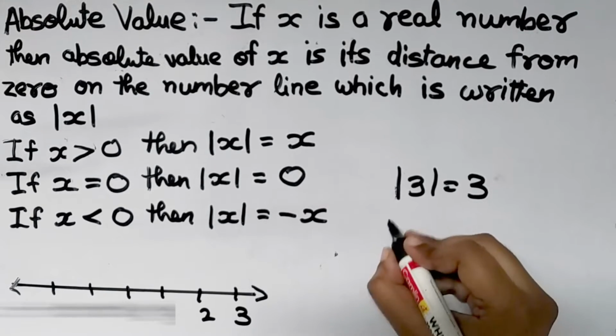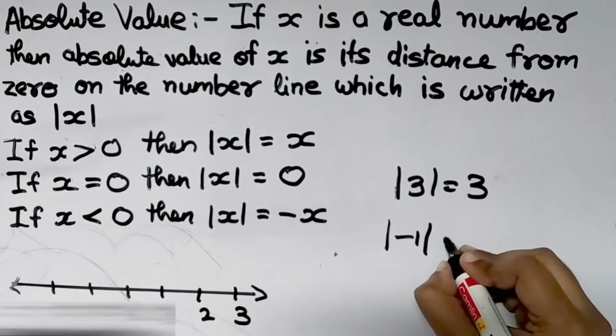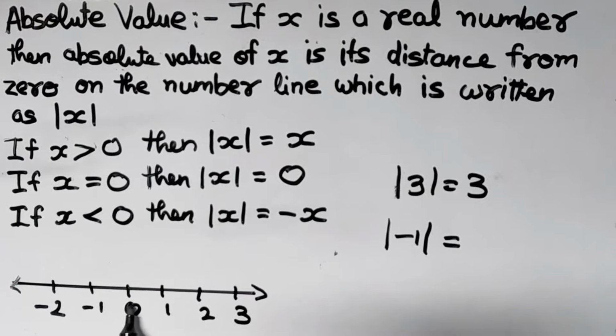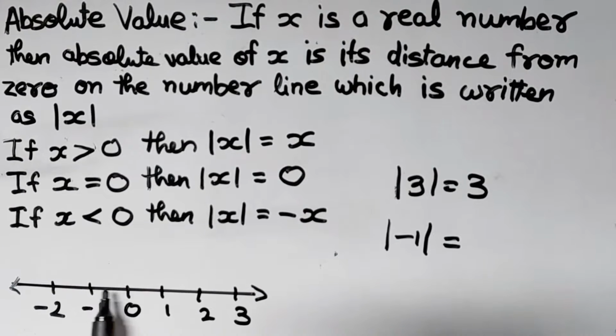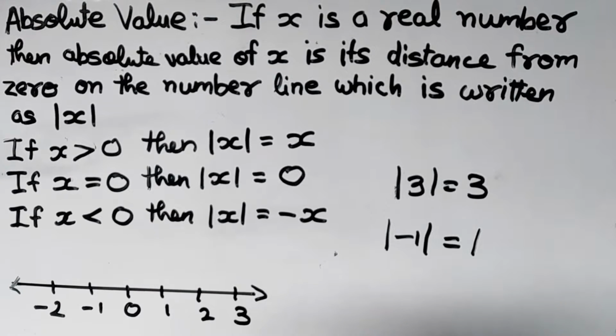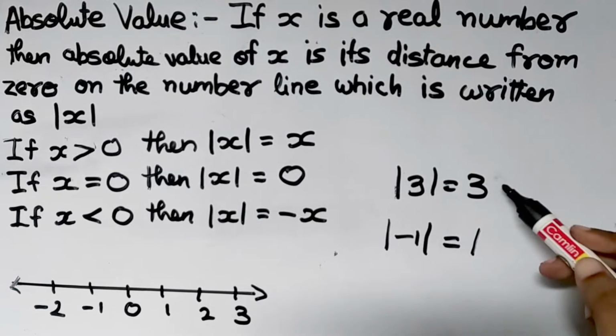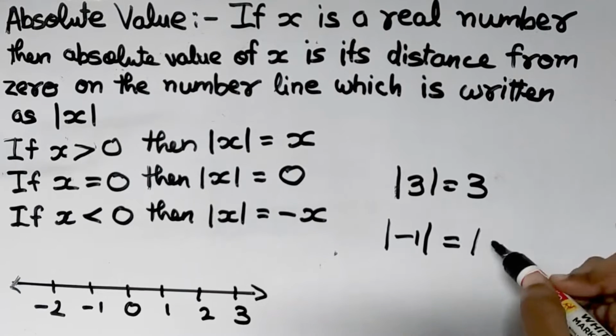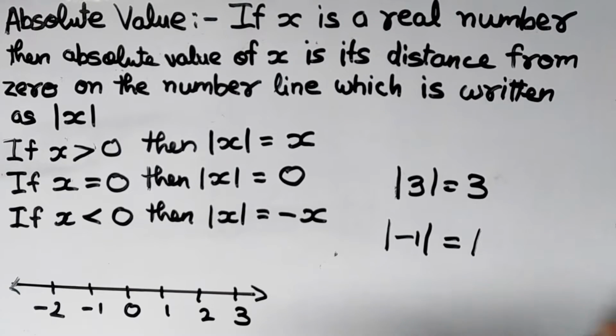Now the absolute value of minus 1. Minus 1 is here, 0 is here, so the distance is 1. So the absolute value of minus 1 is 1. The absolute value is never negative, because the distance cannot be negative, right? So the absolute value of any real number is never negative.